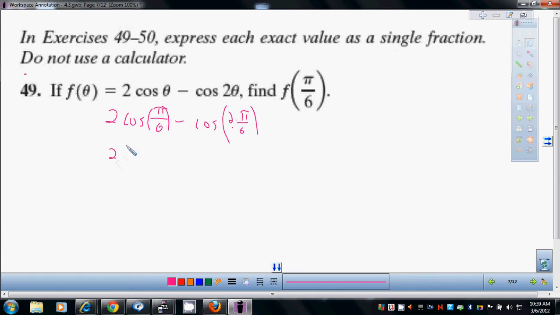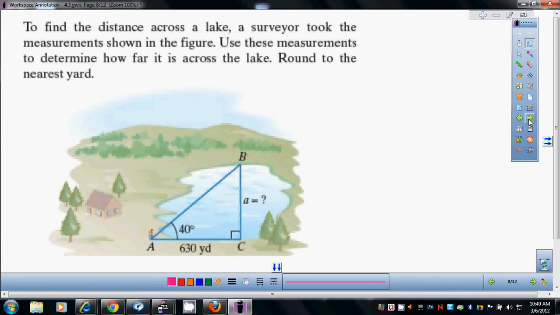Square root of 3 over 2. What is cosine pi over 3? One half. You have unit circles, people. So anyway, cancel, cancel. You can see that's just going to be radical 3 minus 1/2. You can find it as a decimal. Just plug it in your calculator.